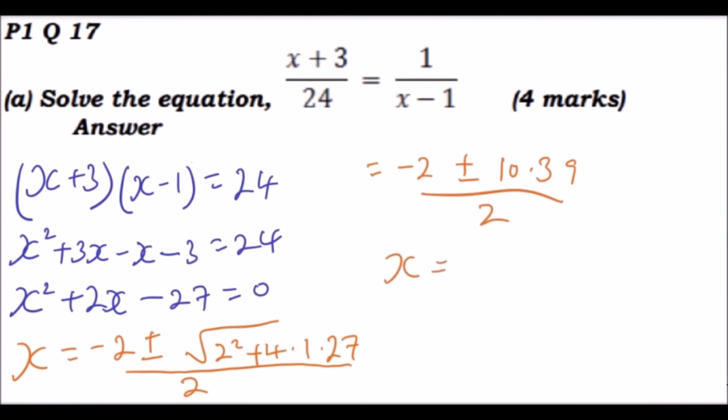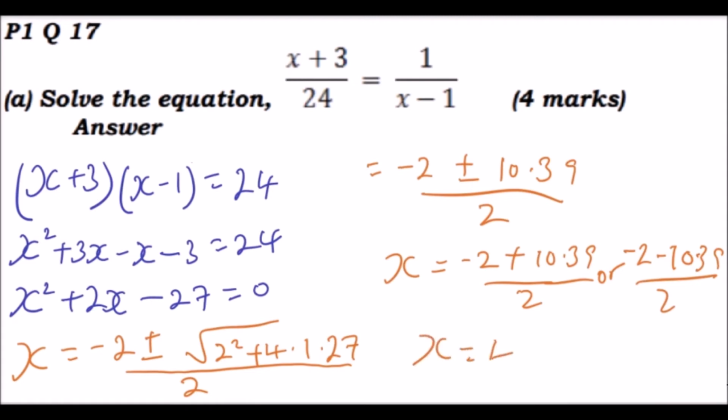Implying that x is equal to minus 2 plus 10.39 divided by 2, or minus 2 minus 10.39 divided by 2, and this should give you x is equal to 4.20 or minus 6.20, and this is to 2 decimal places. So that's how you work out that question.